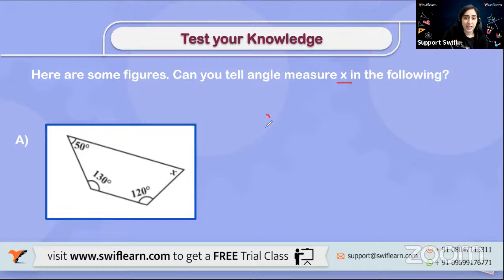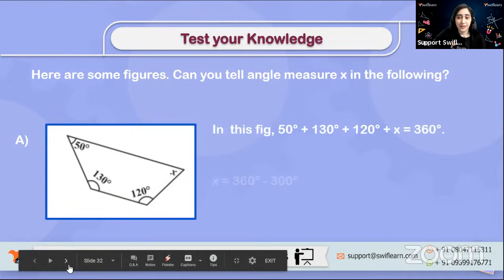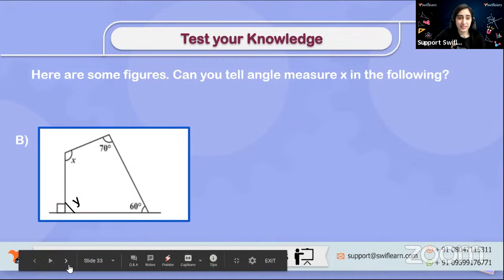So x plus 120 degrees plus 130 degrees plus 50 degrees should be equal to the total sum of a quadrilateral, which we know is 360 degrees. Okay, Mohit, you got 60 as the answer. Let's see. All right, 360 minus 300 comes out to be 60.